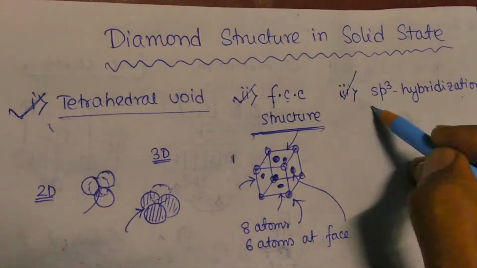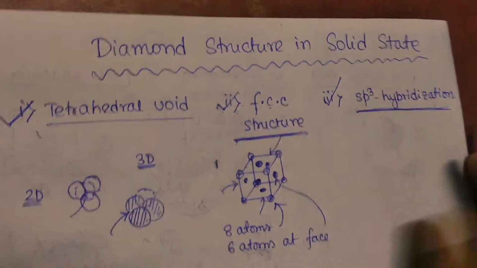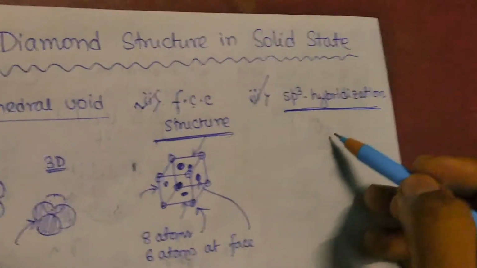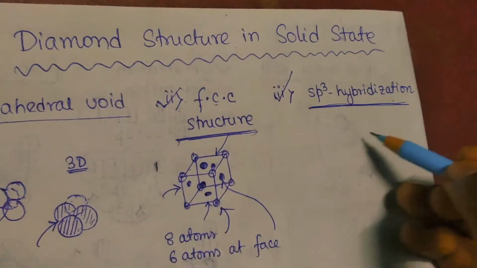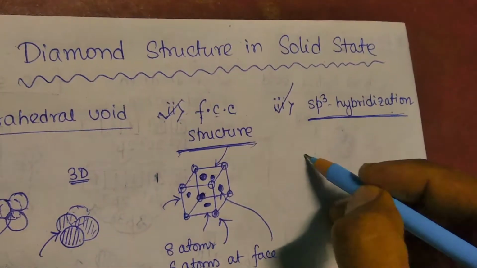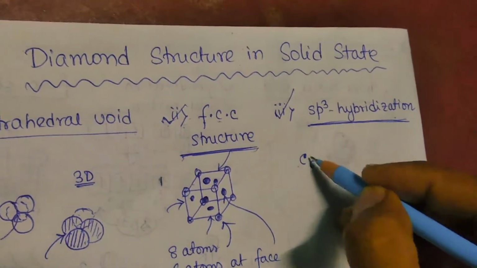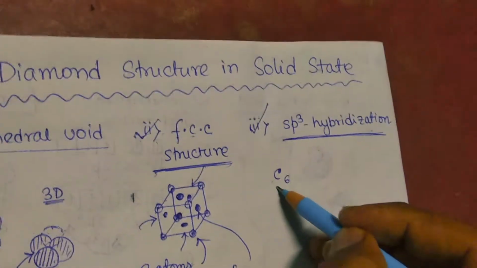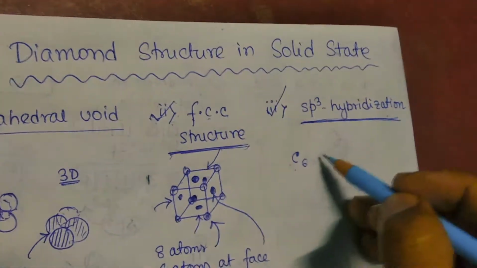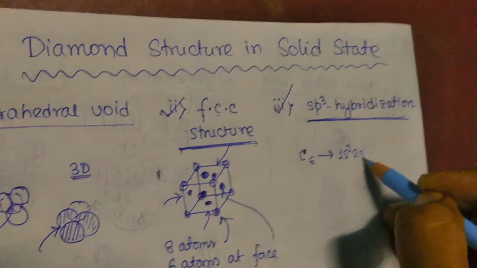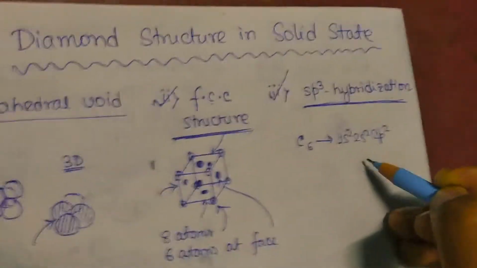Now the sp3 hybridization. Hybridization is a very famous and key concept in chemistry and organic chemistry, so again I am explaining it. The hybridization of the carbon atom in the case of sp3: you know that carbon has the electronic configuration 1s2, 2s2, 2p2.